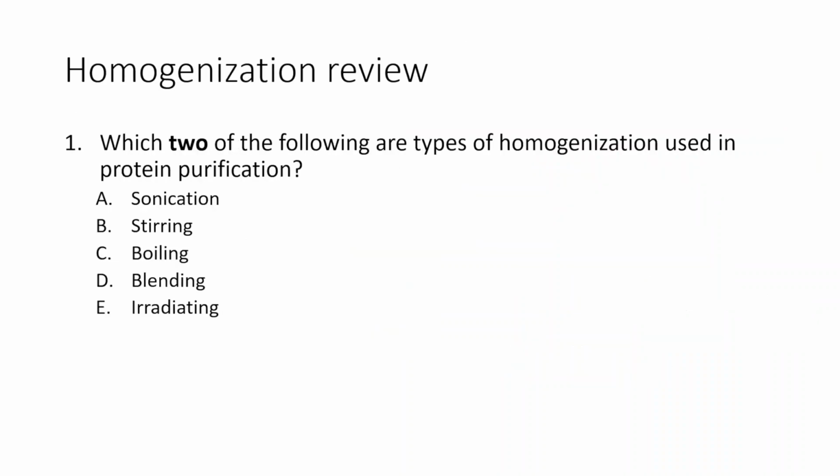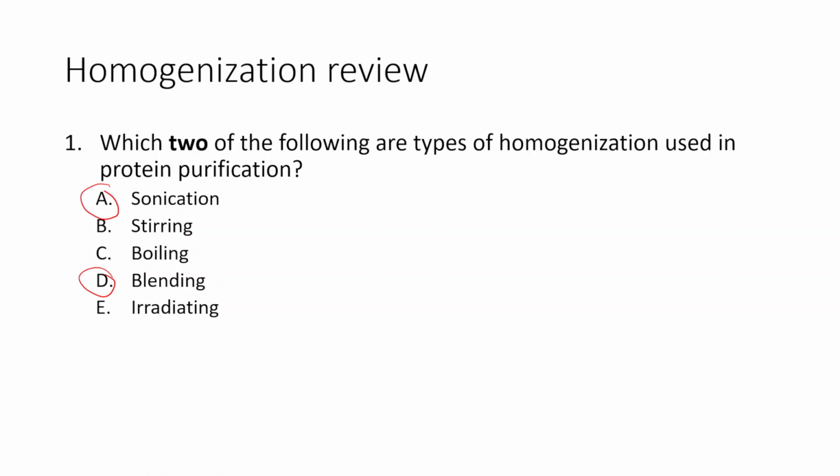So, all right, let's start going through these steps. Let's start with homogenization, because that's what you do first. Which two of the following techniques are types of homogenization that are used in protein purification? Yeah, so sonication is one, blending is another. I just mentioned those on the previous slide.